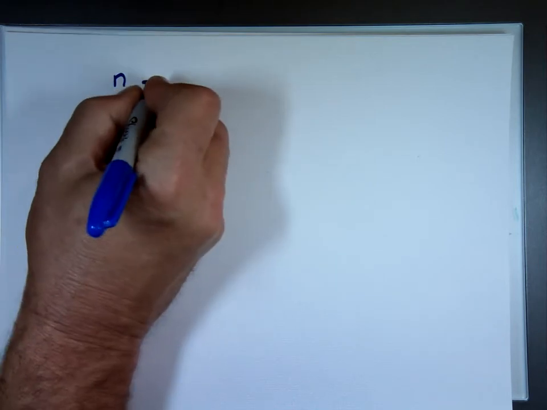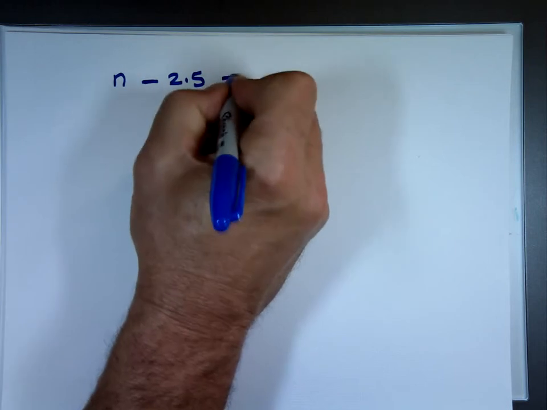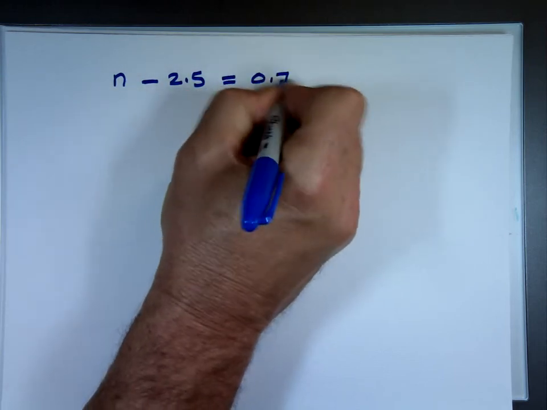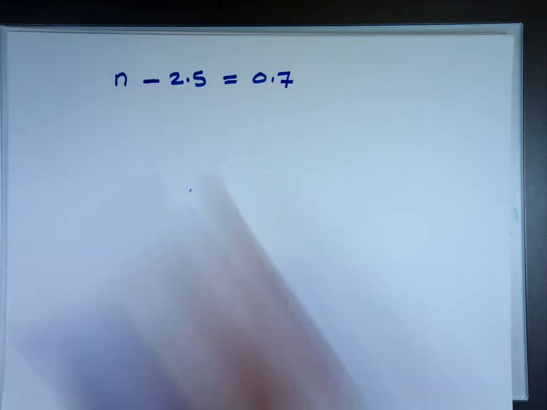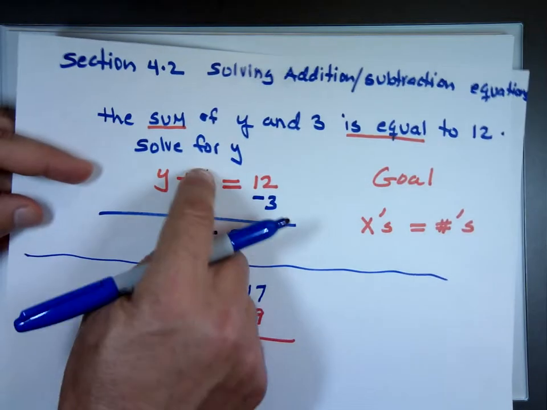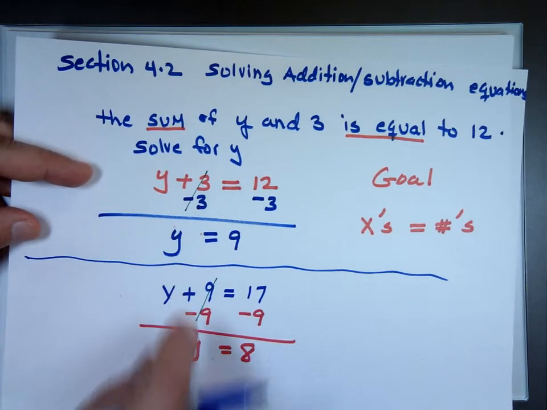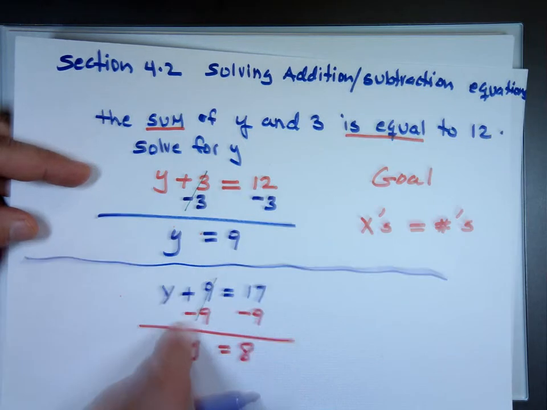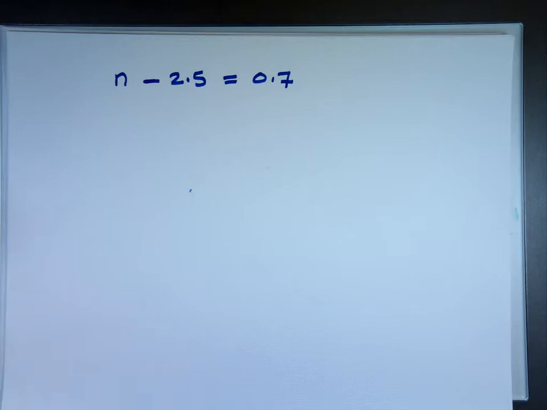Let's have fun with it. N minus 2.5 equals 0.7. That's a minus 2.5. When we had addition, what was the opposite to addition? We subtracted 3. We had plus 9, the opposite to addition, subtraction. Here we have subtractions. So guess what the opposite to subtractions?